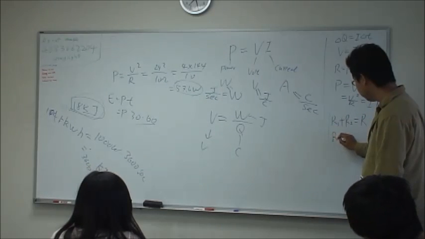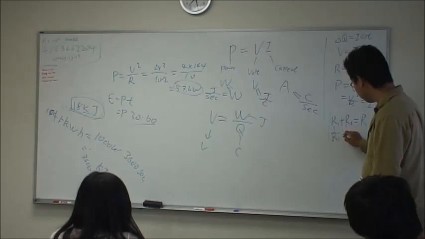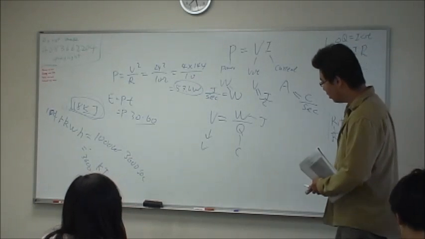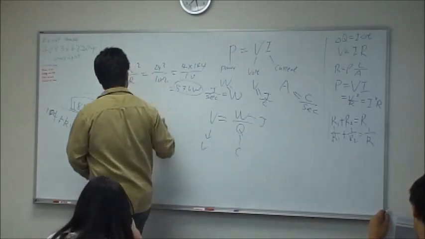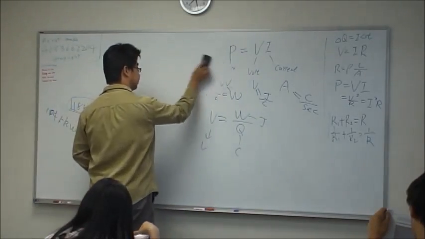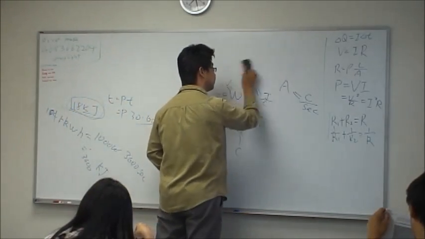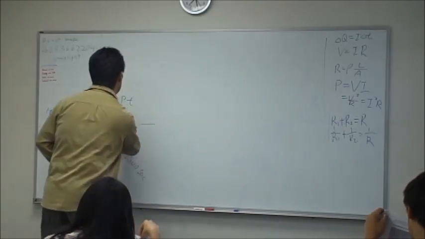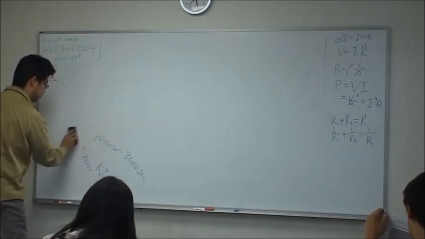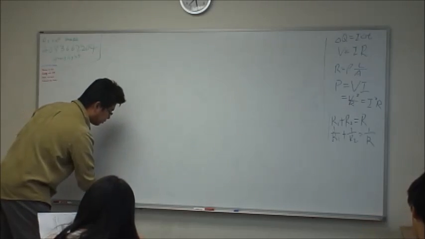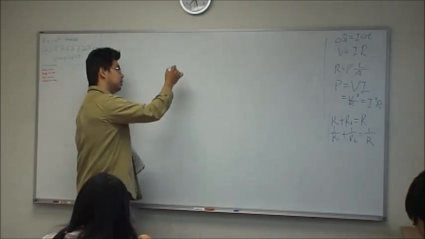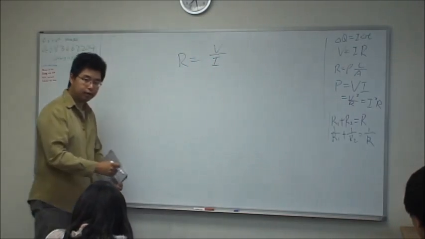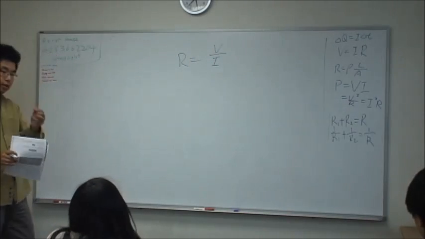In parallel, it's 1 over R1 plus 1 over R2 equals 1 over R. Why is that? What's the definition of resistance? Voltage over current. Make sense? Okay, let's do the derivation.